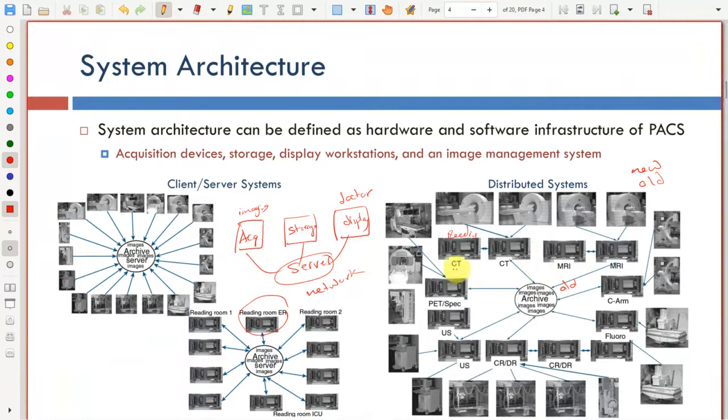Here, these two are dedicated to CT. You cannot read anything but CT. Here, with MRI, you cannot read anything but MRI. So these are dedicated to the new cases coming from CT. You can retrieve all cases from any modality, but the new cases are coming only from CT.